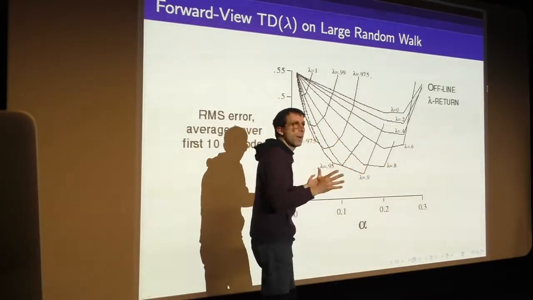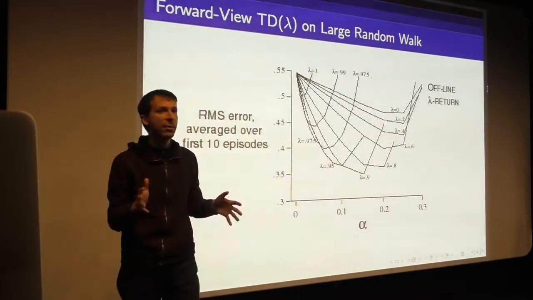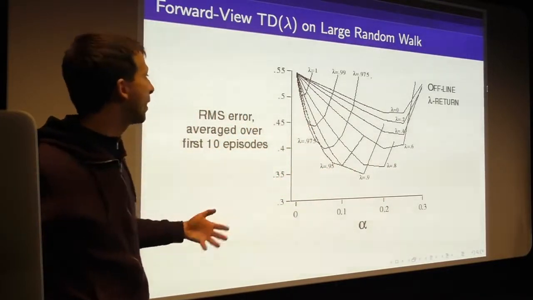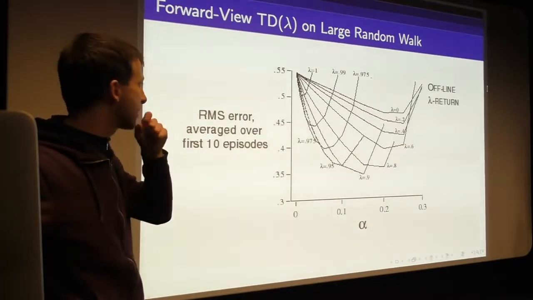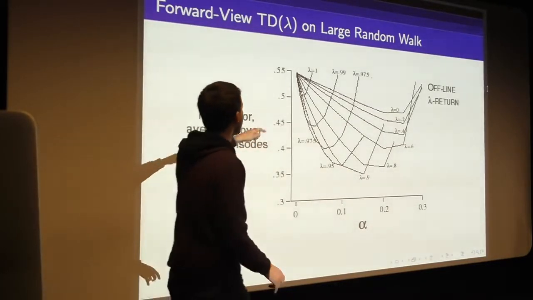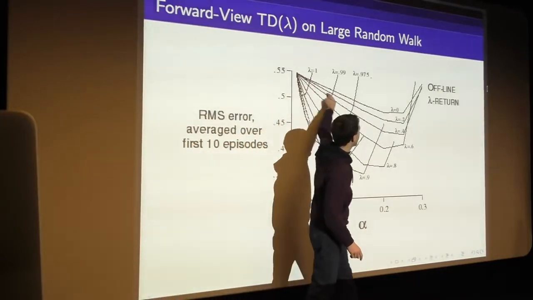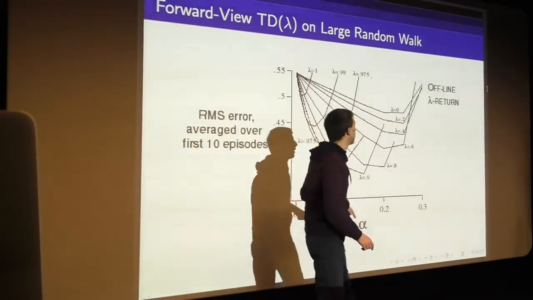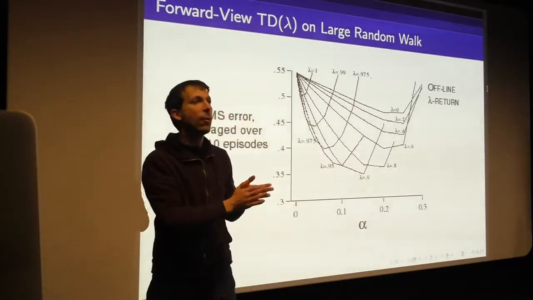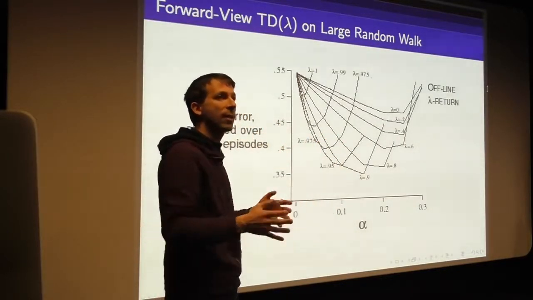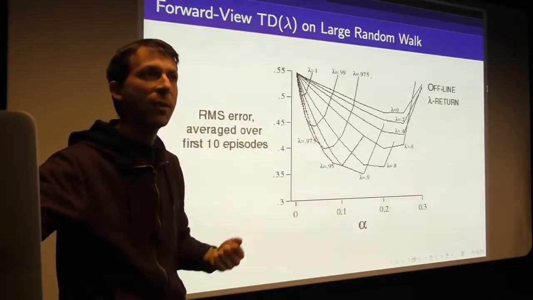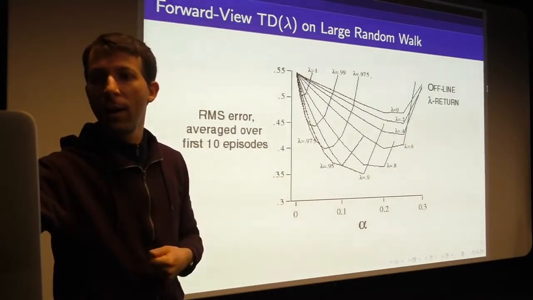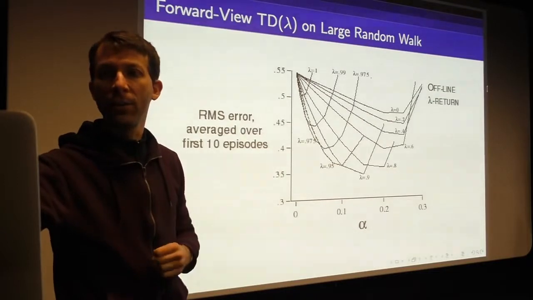It's much more robust to changes in the environment, and it does as well as the best n, just by averaging over these things. Lambda equals 1 is Monte Carlo, lambda equals 0 is TD(0), and we see that we can do much better. You often see these kinds of curves where there's a sweet spot in the lambda curve between 0 and 1, where you get just the right trade-off between bootstrapping and the bias-variance trade-off.